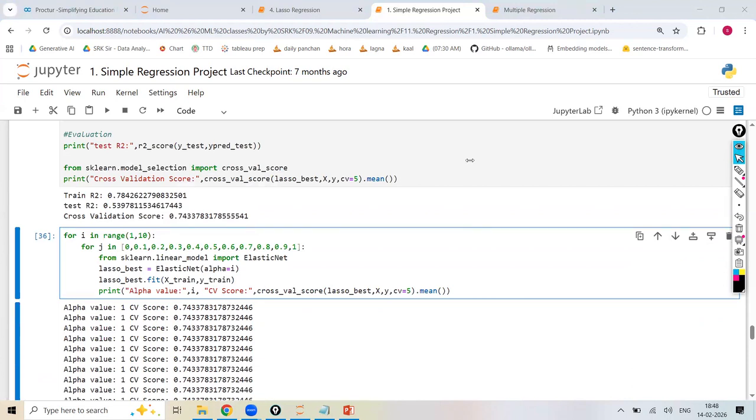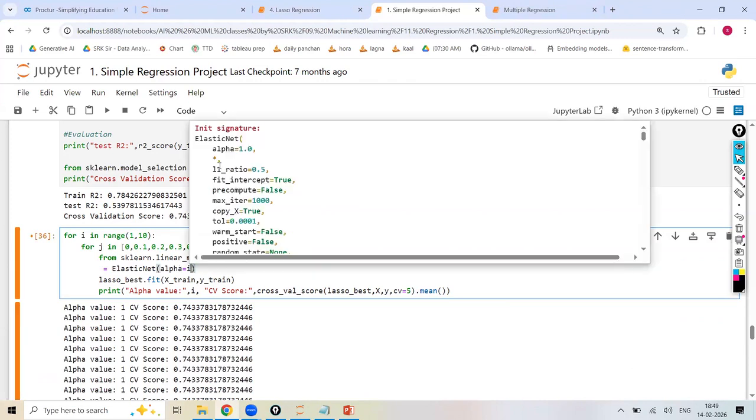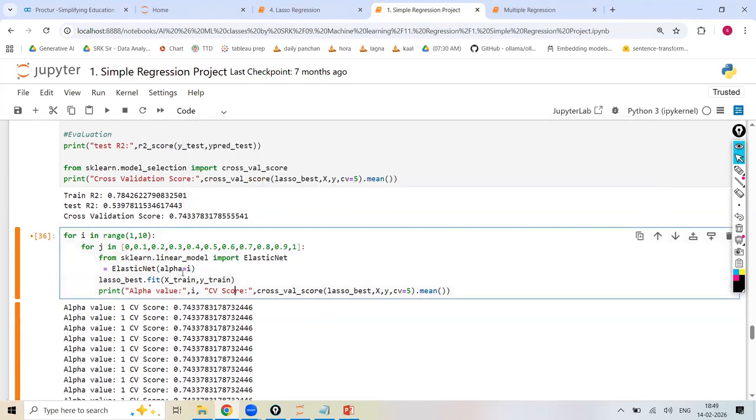Sir, again you are using the same variable name. If changed, please ignore. Yeah, variable name, you can write simply model, lasso model, ridge model, whatever name. Okay. Now here alpha is equal to i along with the L1 ratio. Lambda is called the L1 ratio. So I'm going to write here L1 ratio is equal to j. This is elastic net regression. Let us give the name as EN.